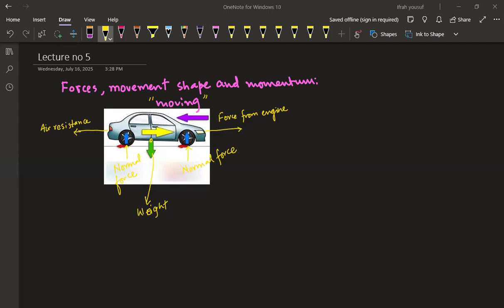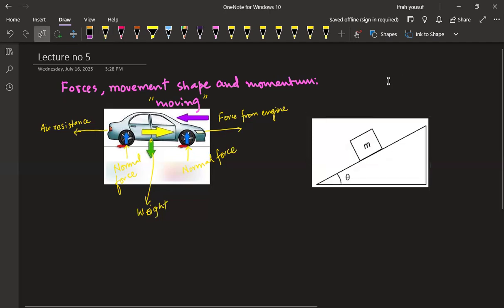Let's observe. Let's assume the object is at rest now. If the object is at rest, from the surface the upward force is going to be the normal force.